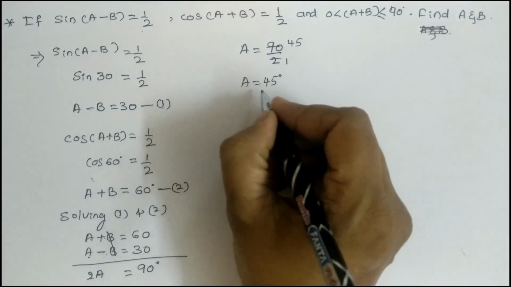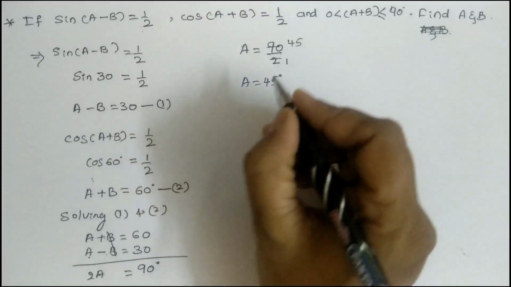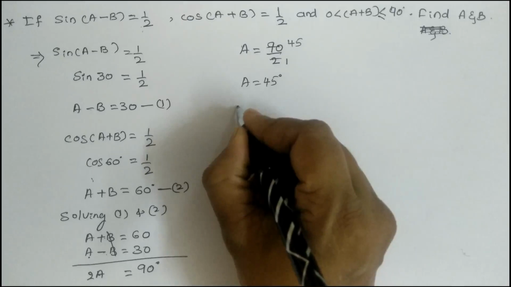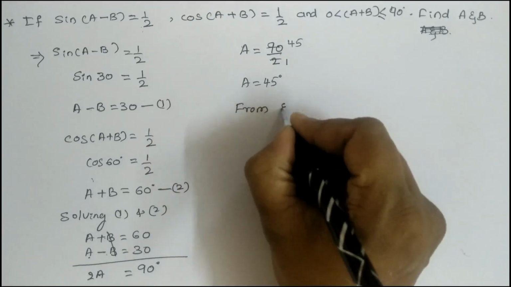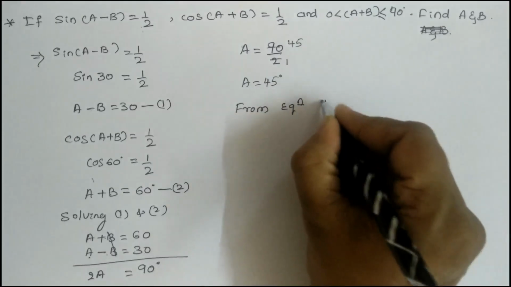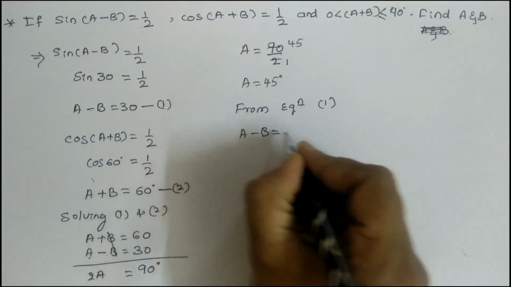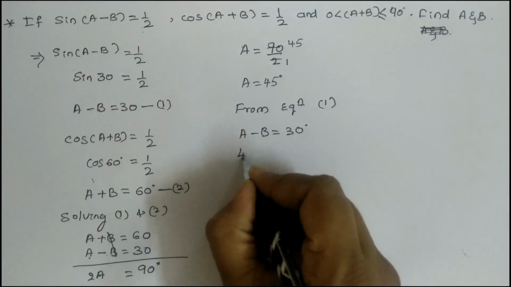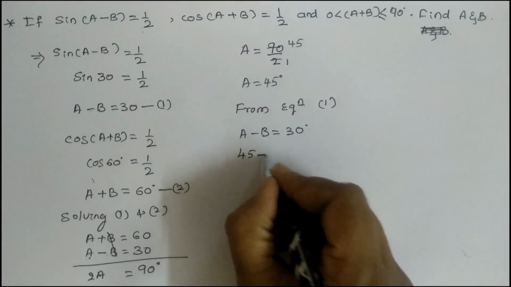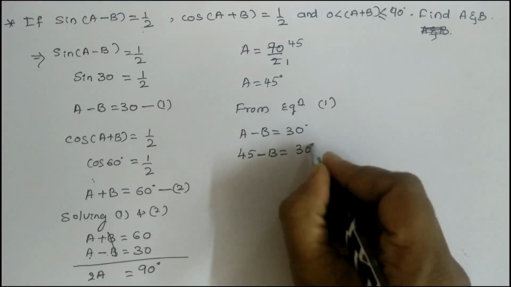Now we have got A value. Substituting A in any of the equations we can get B value also. So here let's take equation 1, that is A minus B is equal to 30 degree. So A value, that is 45, minus B is equal to 30.